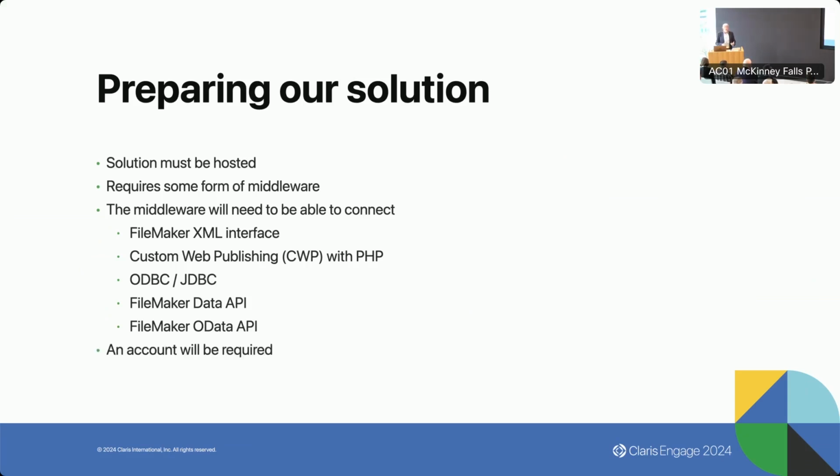And then you will need an account in your FileMaker solution. And that account will need the extended privilege that's associated with whichever of the technologies you're going to choose. With many of the middleware, they will guide you in the direction of which one to use, and they'll tell you how to go about setting up that account.